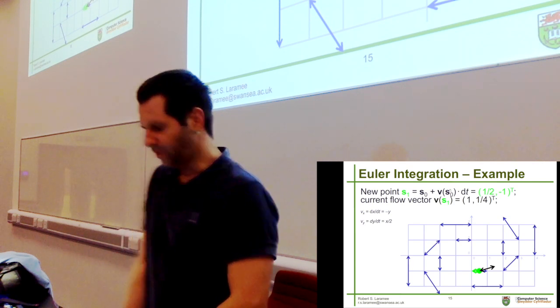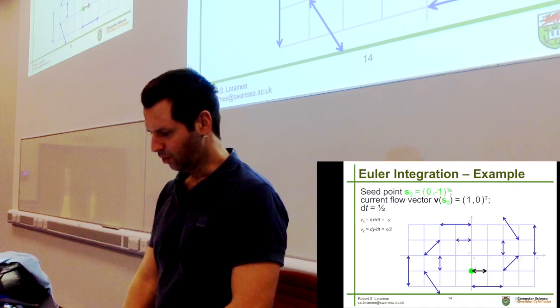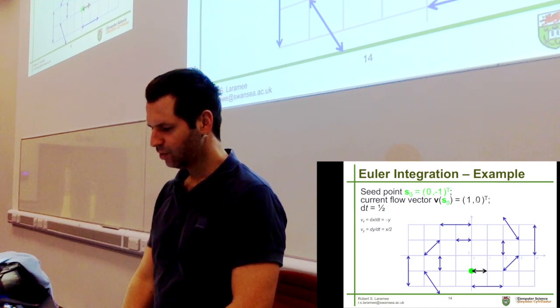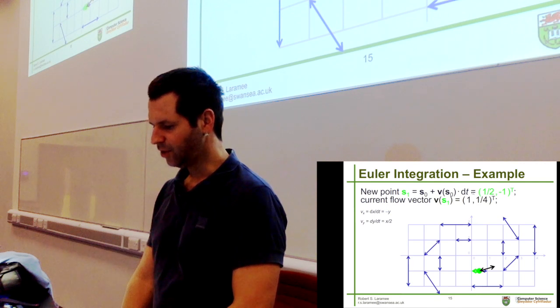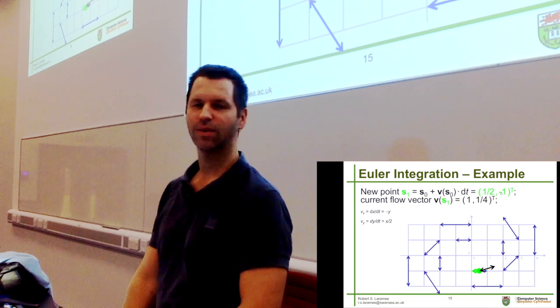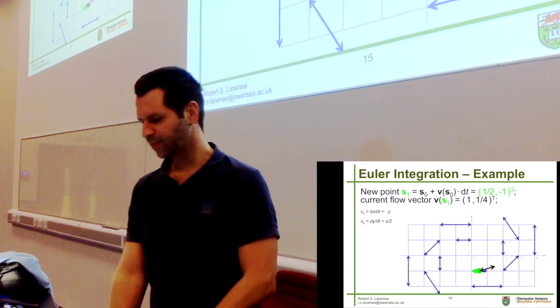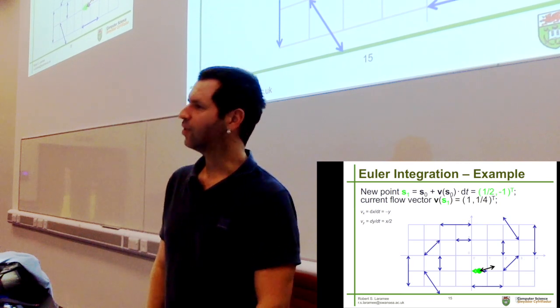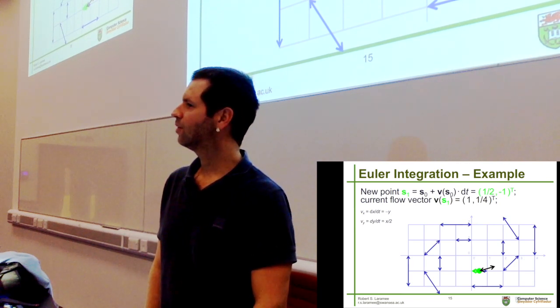So the vector field, the vector at that point was 1, 0. And if we do that, if we multiply 1, 0 by dt, in the previous slide it was 1/2. dt is a half. We get 1/2, minus 1, which is the next point along the streamline.